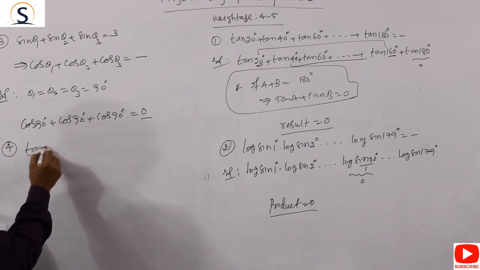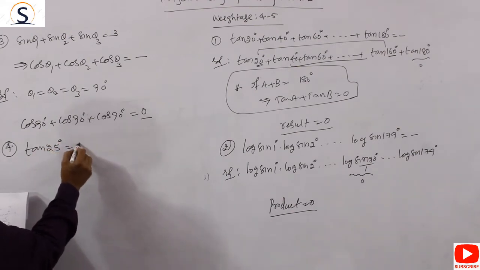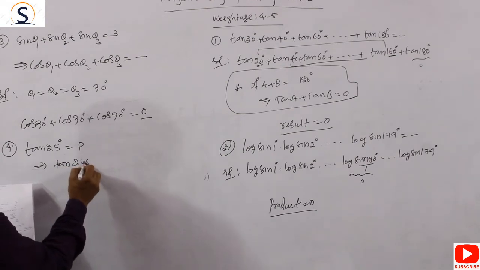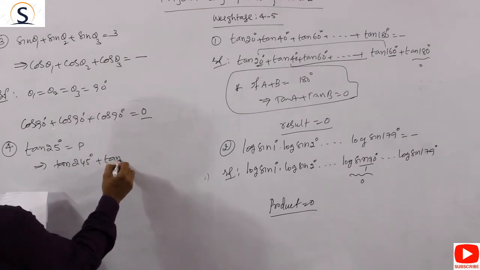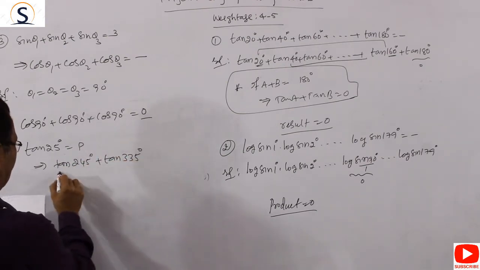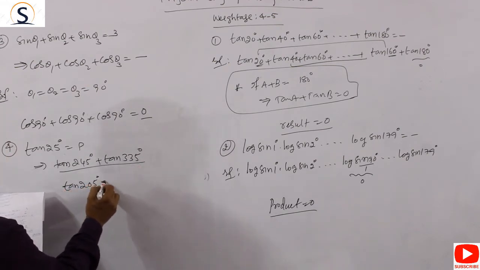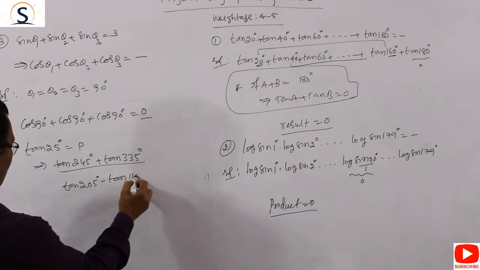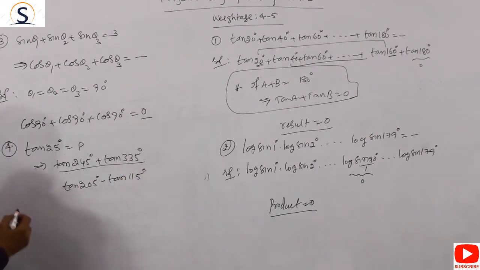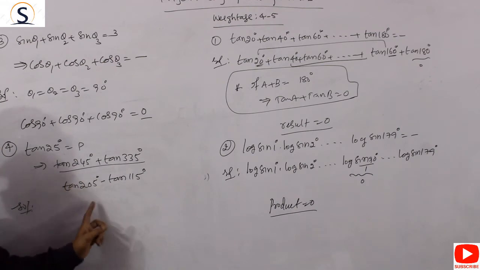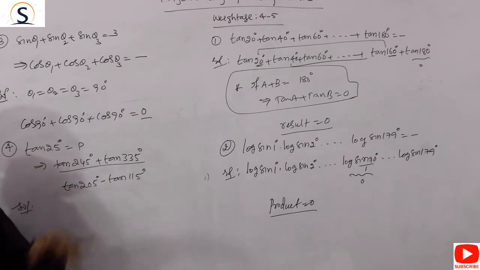Now, tan 25 degrees is equal to P implies, it is asking tan 245 degree plus tan 335 degree by tan 205 degree minus tan 115 degree. Now, the result of this expression is in terms of P only. So, try to convert all the terms into 25s.